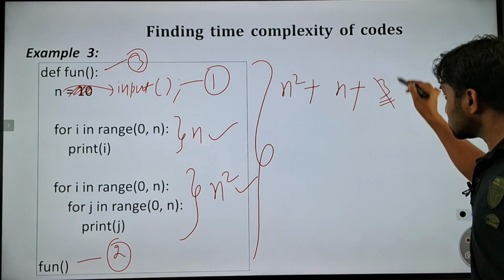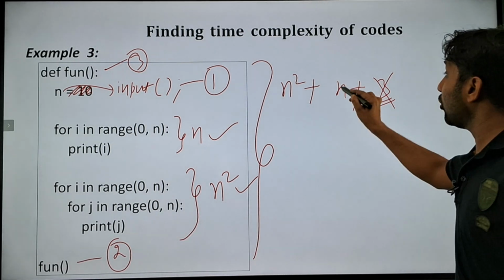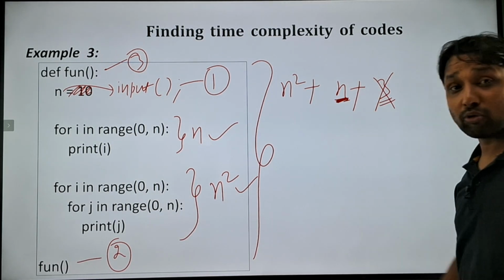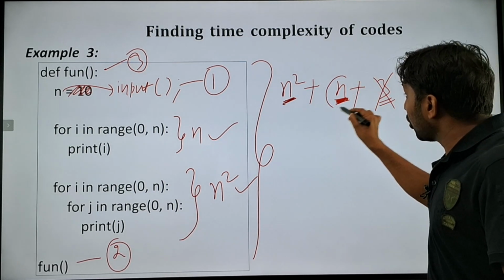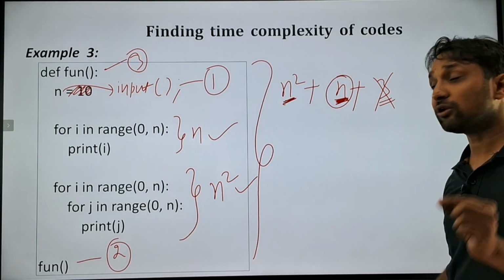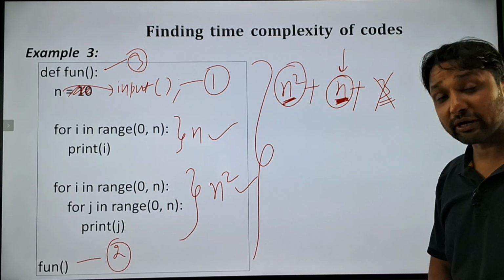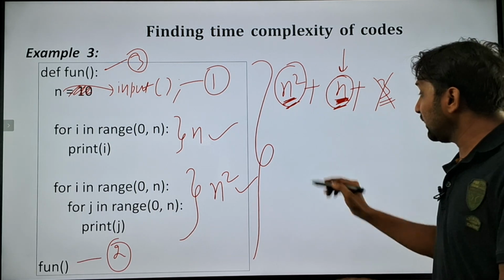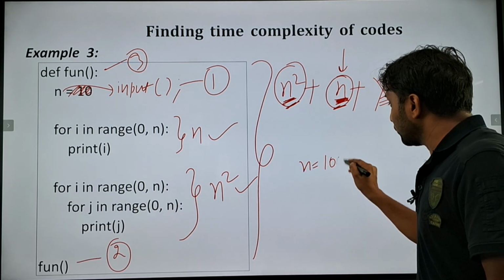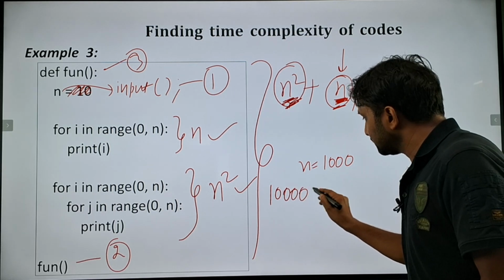So remove the constant, as well as one more thing you need to remove: the lower order term. Out of this term and this term, this is the lower order term. The growth rate of this term is less as compared to this. If you give the n value, let's suppose 1000 over here, this will be 1000 into 1000.